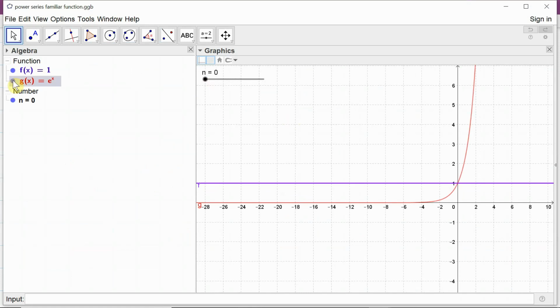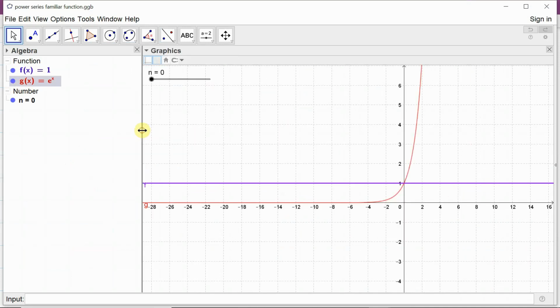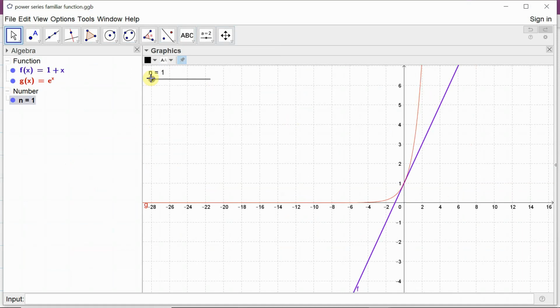I want you to see it graphically. So here's e to the x. I'm going to think about 1 plus x. Okay, so that's the first 2 terms. It definitely fits really well in here around 0, right? So my question is, what does it appear that the interval of convergence is?